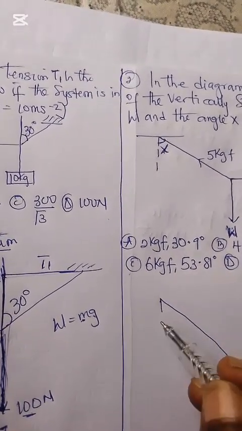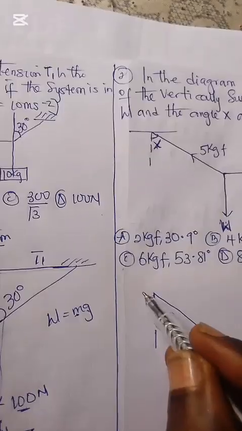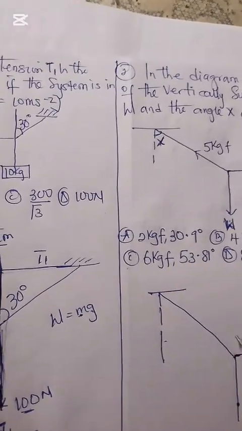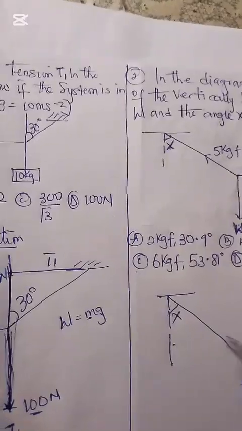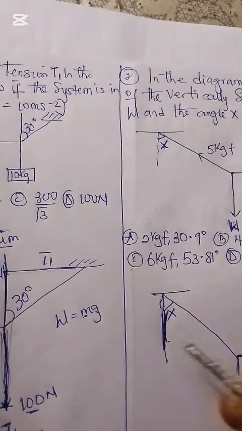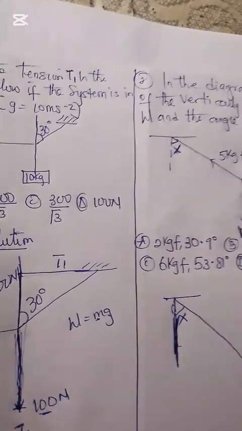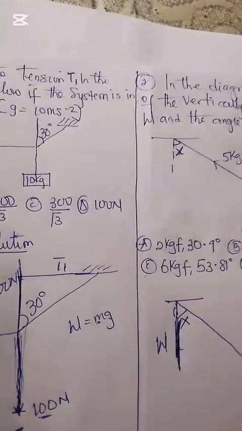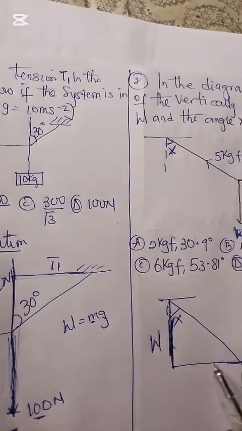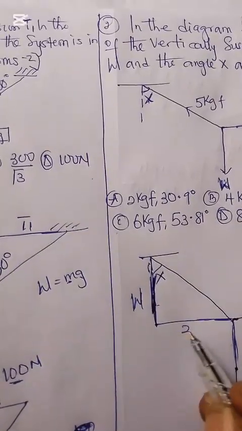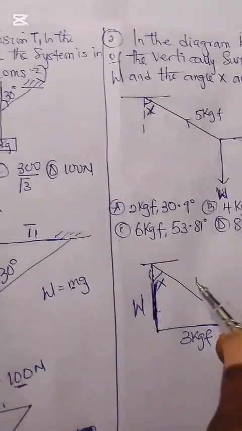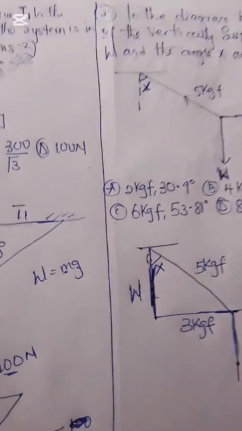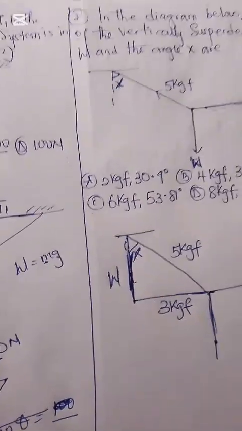Remember, something was hanging down here. So here was our angle X. Since this is vertical, I can decide to say here should also be vertical. So the vertical will now be representing W. And since here is horizontal, let here also be horizontal. So here should be 3 kgf. And this is already 5 kgf. So that is what we have here.